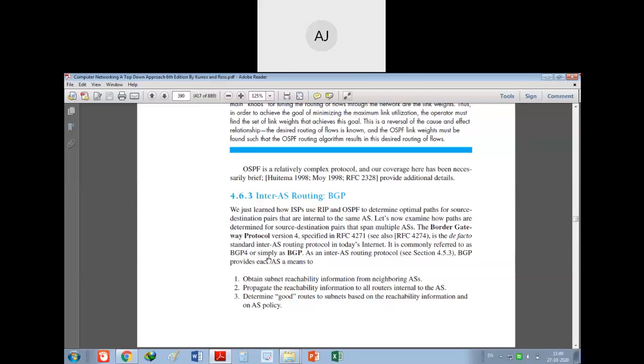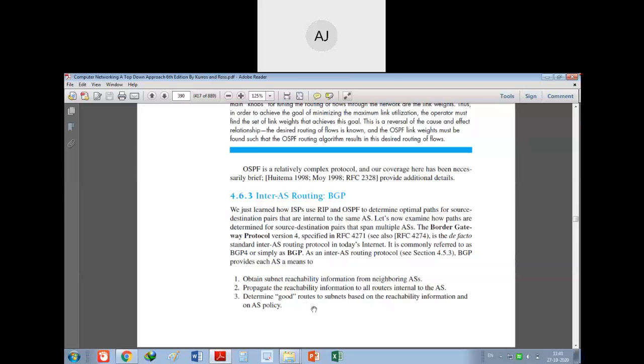Next one, propagate the reachability information to all routers internal to the AS. Not only the neighboring autonomous systems, but the routers within that particular autonomous system also get the information, that is, it is transferred, or you can say broadcasted.